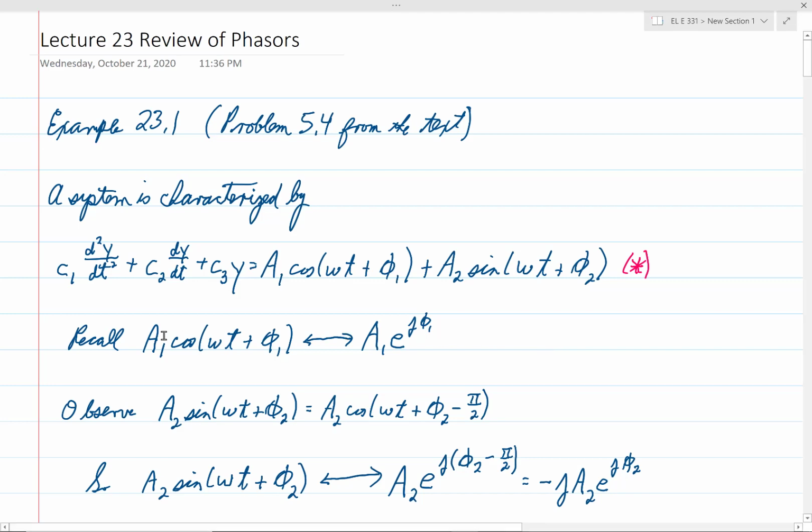Recall that the way phasors work is that the phasor that corresponds to A1 cosine of omega t plus phi1 is A1 e to the j phi1. So whenever you have a sinusoid and you want to find its phasor, just get it into this form, and then you can easily get its phasor.